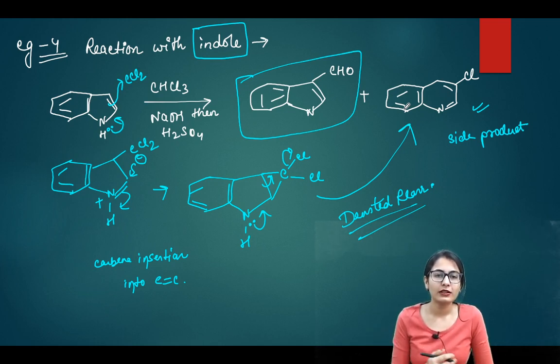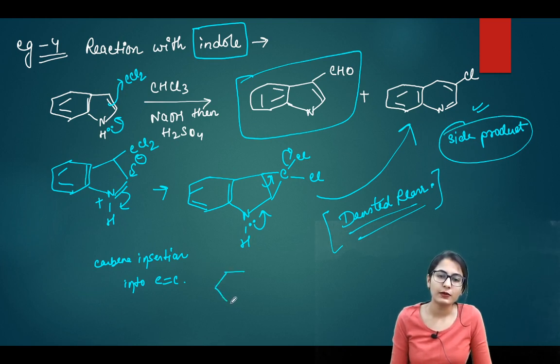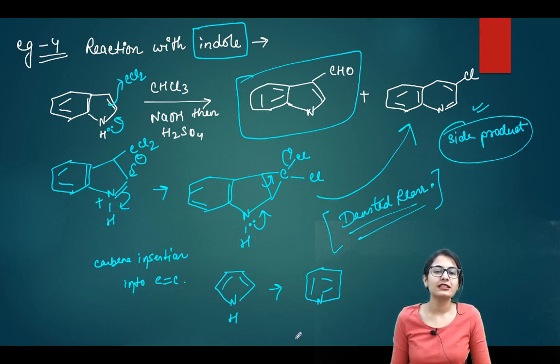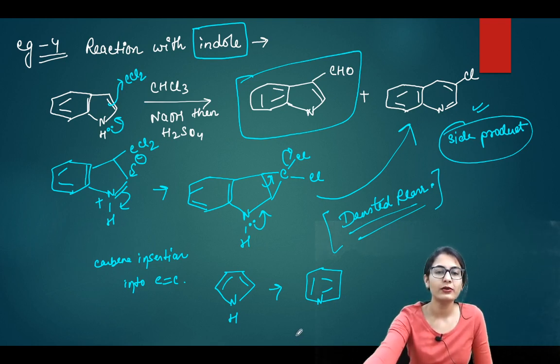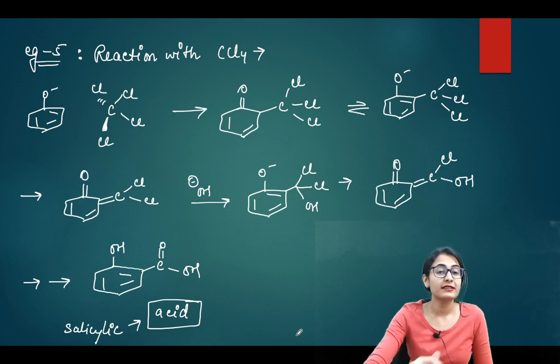On the pyrrole or the indole, there could be ring expansion and Dennstedt rearrangement to give you a side product like this. It is the quinoline derivative, and if you are starting with pyrrole, that is going to give you a pyridine derivative. So yes, this is what we had to talk about. I hope that you liked all of these examples.